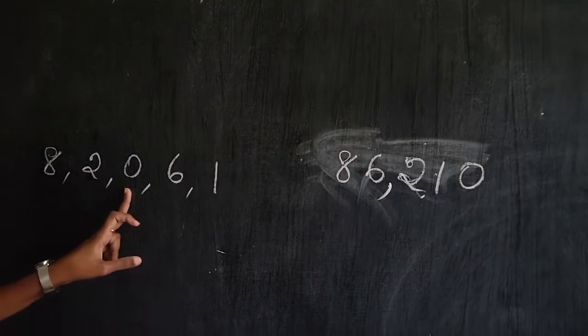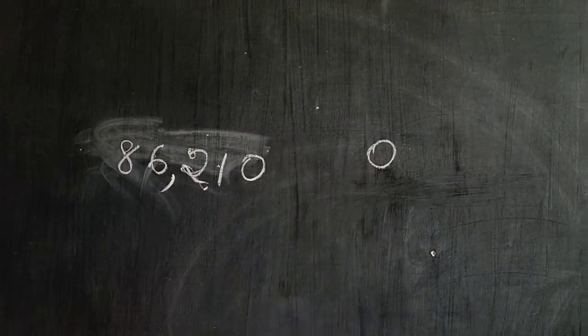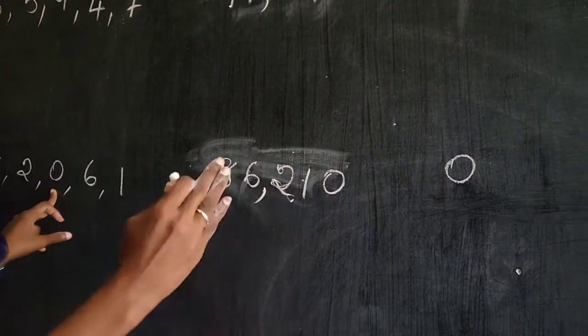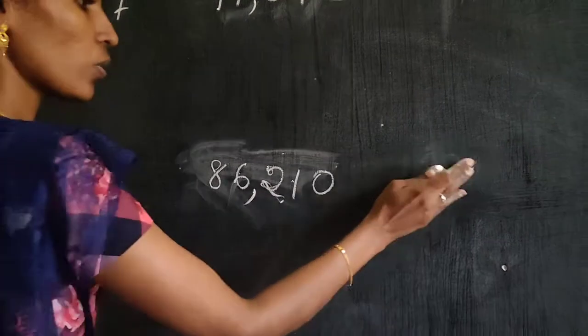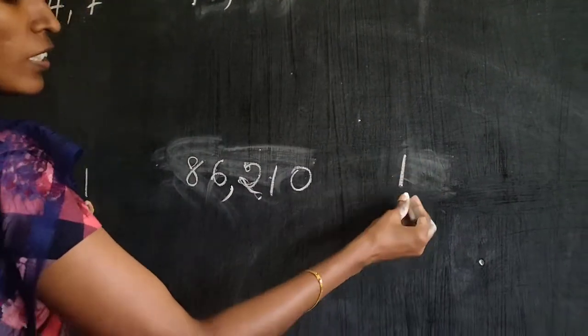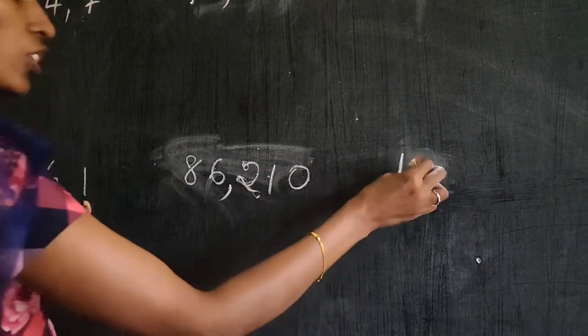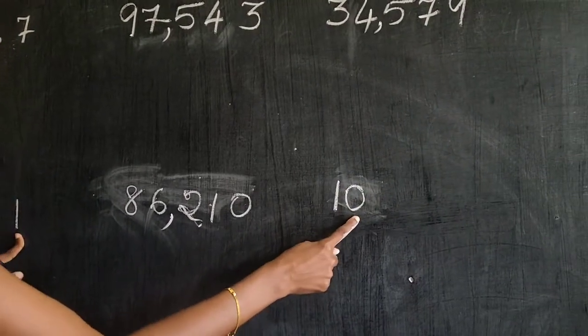Now to find the smallest number, what I told you is to write the smallest digit first. Here the smallest digit is 0, but we can't write 0. There is no number which begins with 0, so you cannot write 0. So you have to find the next bigger number, which is 1. So first you write 1. After writing the next bigger number, then you write 0. You cannot write it at the last. 0 you have to write in the second place.